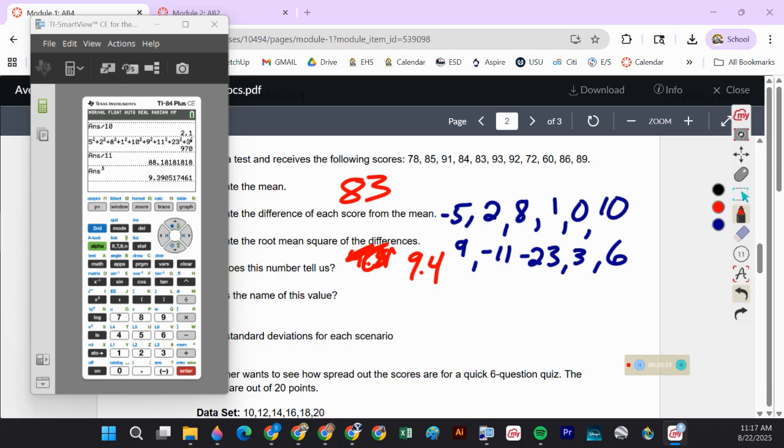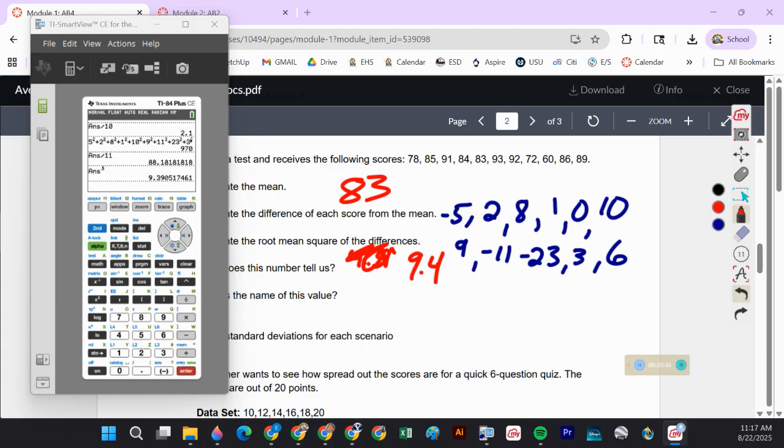So this number tells us that the scores in the class, on average, are 9.4 away from 83. Does that make sense? Because this is hugely important. We are no longer comparing this to 0. When you take the root mean squared, you are finding the average distance from 0.